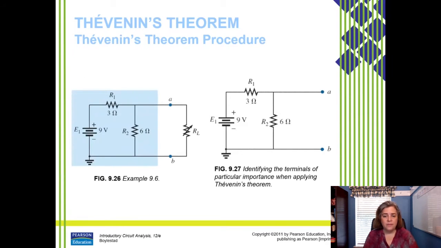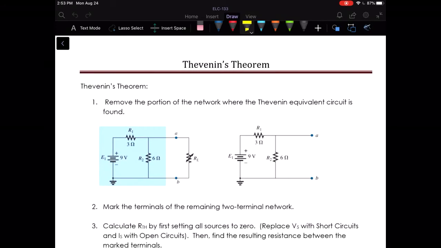So I'm going to work through this problem just so you see what it is that we're doing. This is a pretty simple circuit in and of itself, but we're going to reduce it down even further using Thevenin's theorem. Thevenin's theorem says that we can reduce any two-terminal network down to simply a voltage source in series with a resistance.